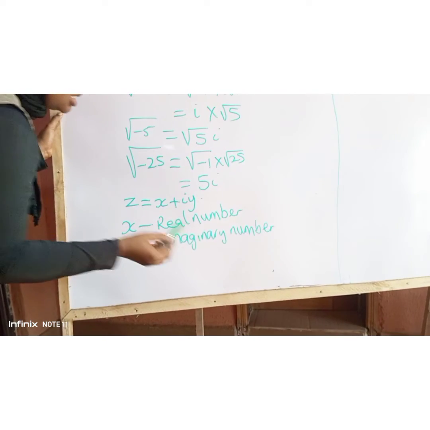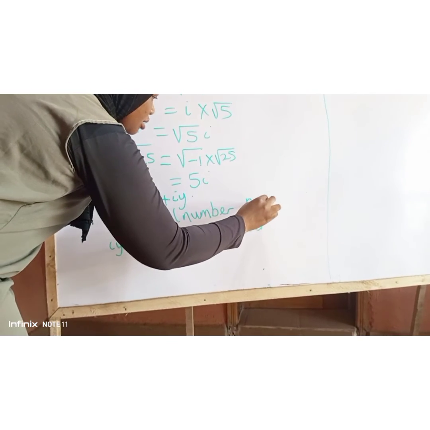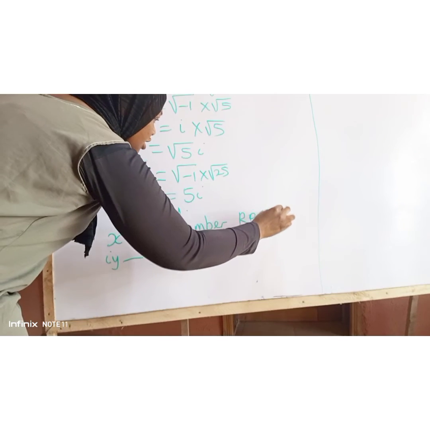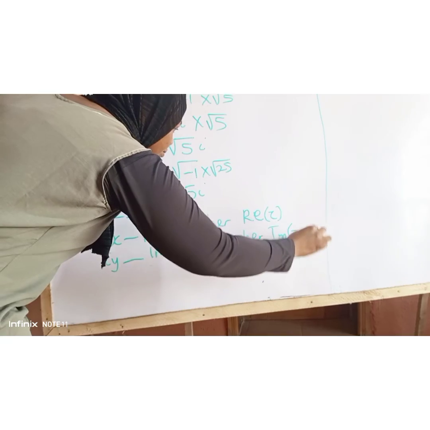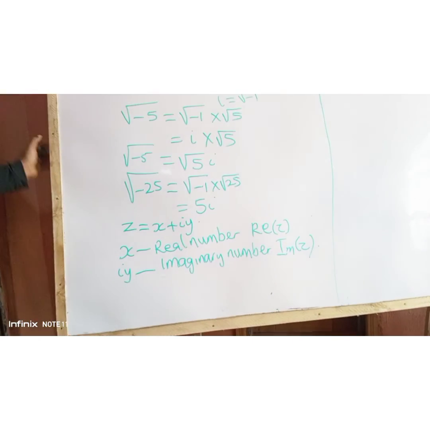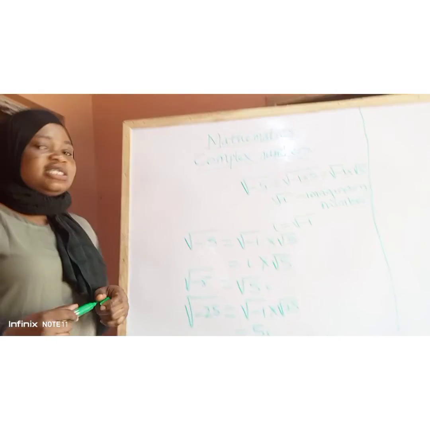So you can represent this one as the real part of z, Re(z), and this one as the imaginary part of z, Im(z). So that is it about complex numbers.